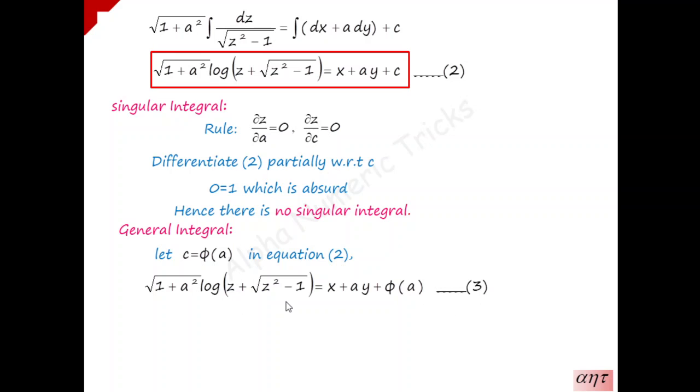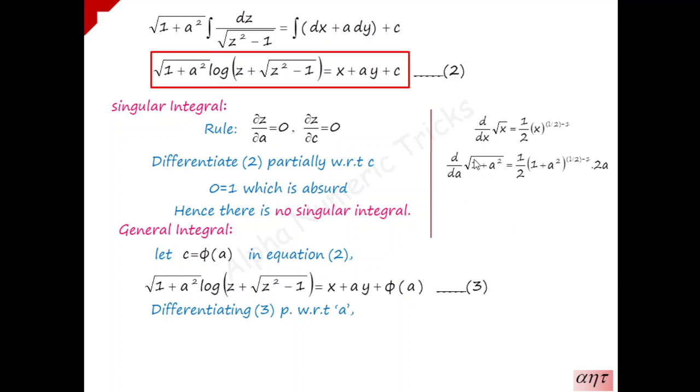Now we have only a single arbitrary constant. You have to differentiate this equation 3 partially with respect to a. Then this term is differentiated with respect to a first. So the root x formula you have to apply. What is the differentiation of x power n? It is n into x power n minus 1. How will you write root x? As x power half. So the differentiation of x power half is half into x power half minus 1. The same rule is applied for d by da of root of 1 plus a square. That is 1 plus a square whole power half, we can write it.